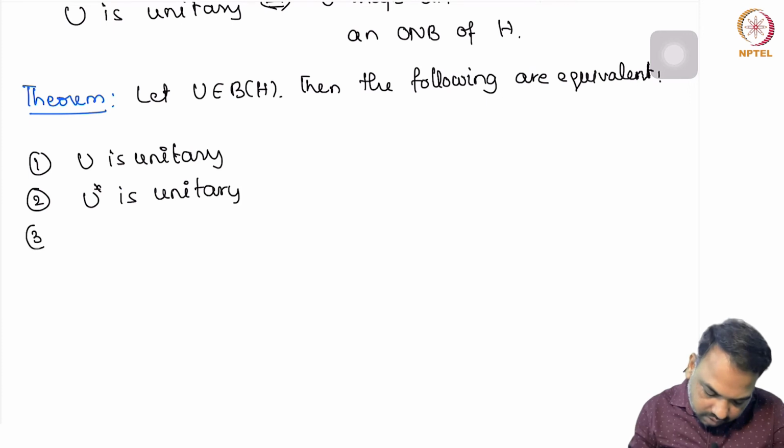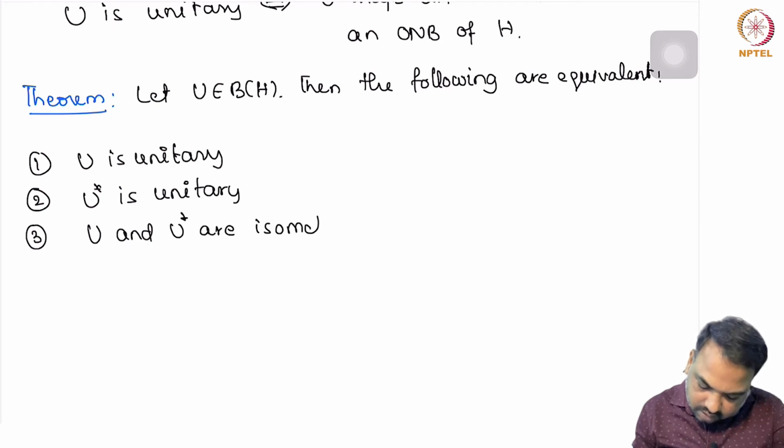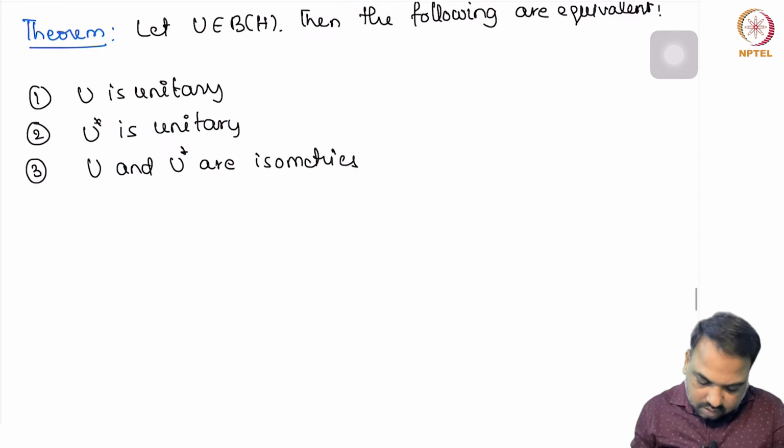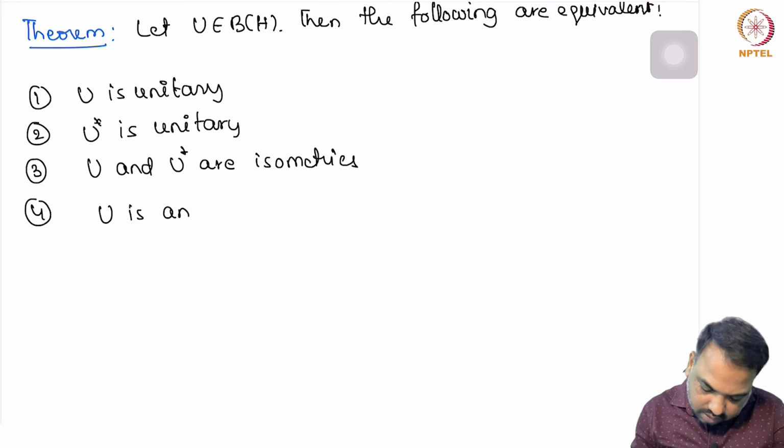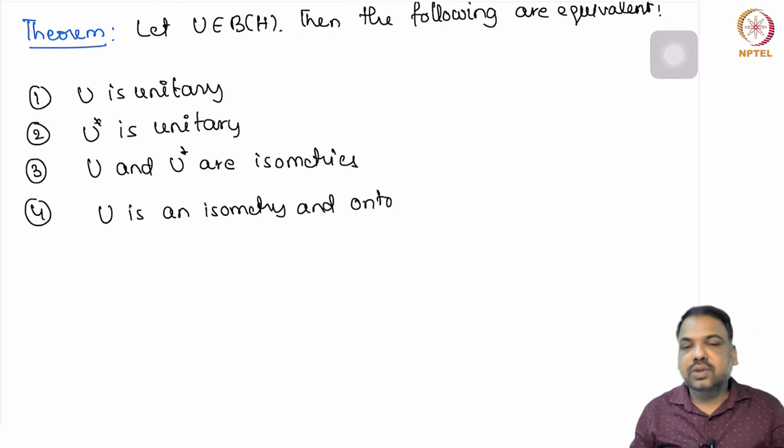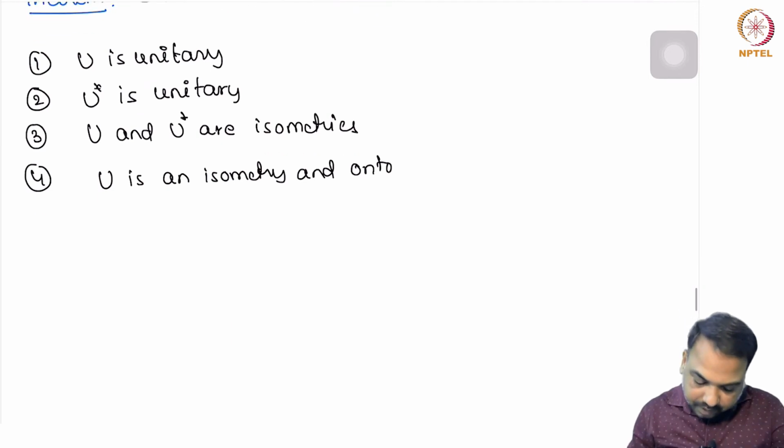And we have already observed that both U and U* are isometries. And this implies U is an isometry and onto, because when U* is an isometry, kernel of U* is 0, that is equivalent to range of U being dense, and range of U is closed because it is an isometry. So from that we can conclude that U is an isometry and onto.